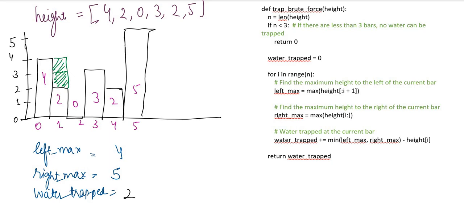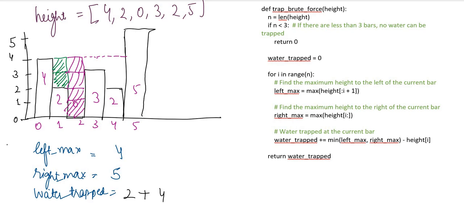The minimum is 4, minus the height, which is 0, so you can store 4 units of water. Conceptually, this full area will be blocked later on, but for now we are talking of these 4 units. Clear with the idea?